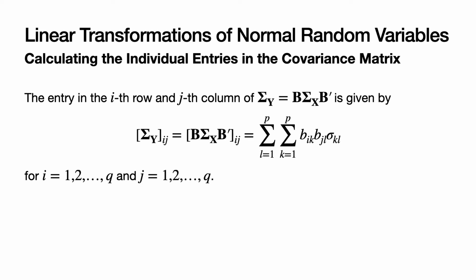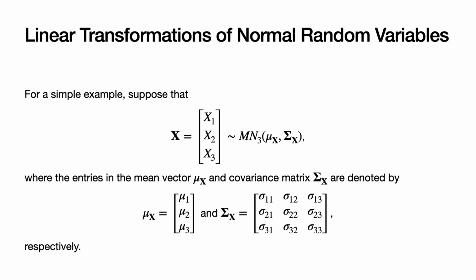And this is a q by q matrix, and so i and j range from 1 up to q. So with these formulas, we can, if we need to, calculate the entries in the mean vector and in the covariance matrix and then put them together appropriately to obtain the mean vector for y and the covariance matrix for y.